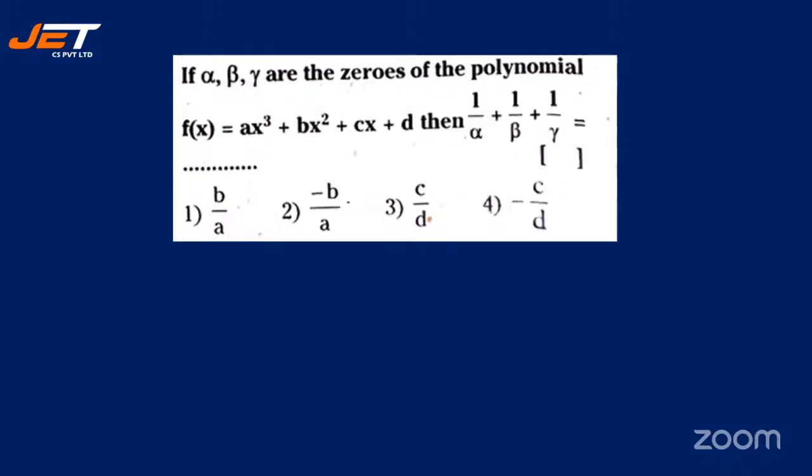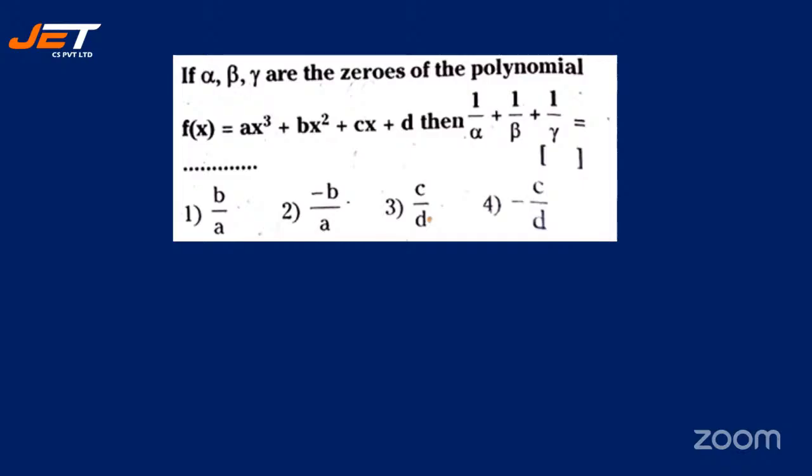If alpha, beta, gamma are the zeros of the polynomial f of x is ax cubed plus bx squared plus cx plus d, then 1 by alpha plus 1 by beta plus 1 by gamma is equal to dash.